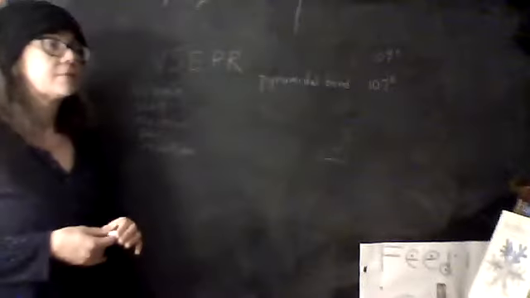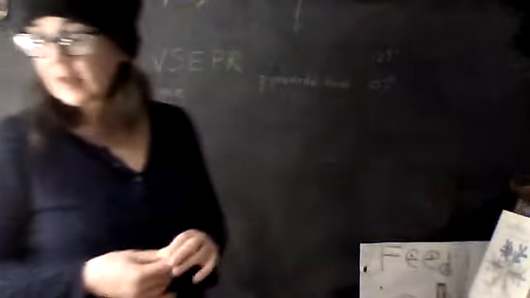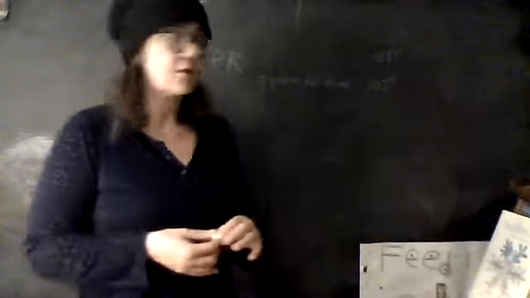Sure. Explain the difference between polar covalent bonds and purely covalent bonds. Okay, so what's the thing we have to look at when we're talking about whether they're polar covalent or purely covalent?